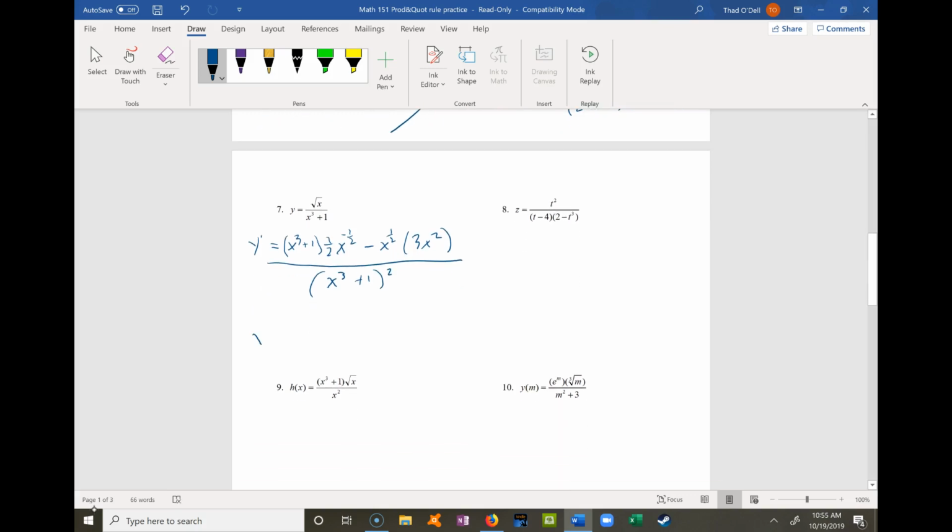And of course we can simplify that. 1/2 x to the negative 1/2 times x to the 3rd, that would be 1/2 x to the 5/2 plus 1/2 x to the negative 1/2. And then if we multiply that stuff, that'd be negative 3x to the 3/2 all over x cubed plus 1 squared.